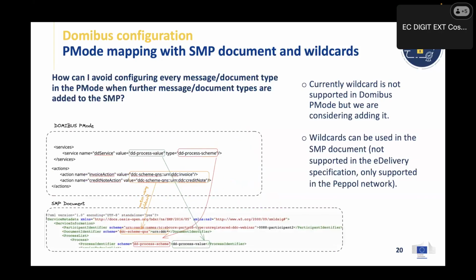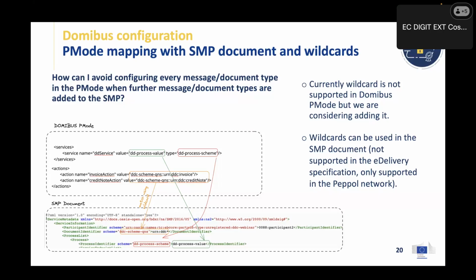During the survey we received the question: how can I avoid configuring every message or document type in the P-mode when further message or document types are added to the SMP? This is a very good question, and we have a partial solution. Partial because currently there is no support in Domibus for wildcard matching in the P-mode.